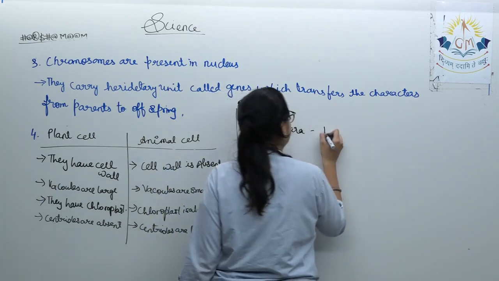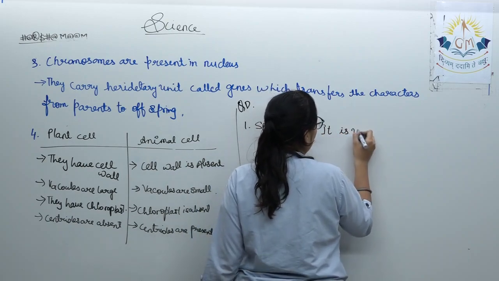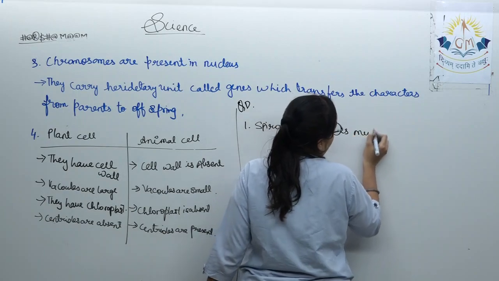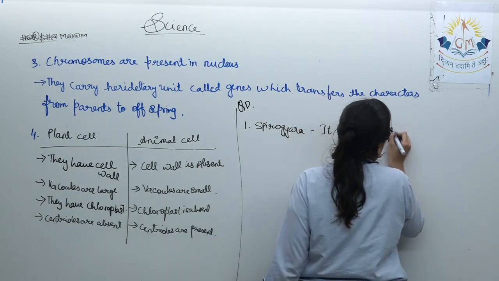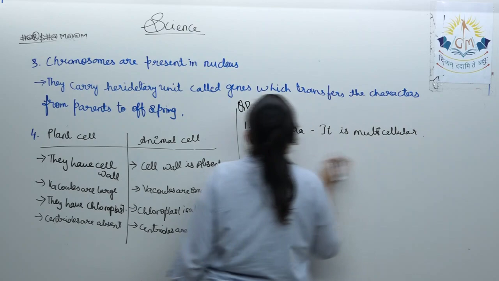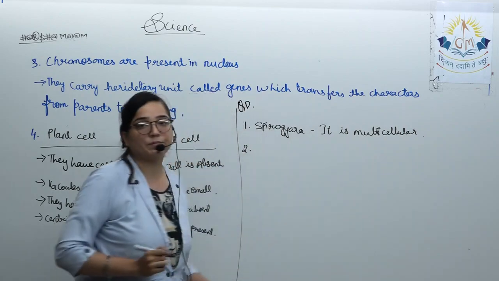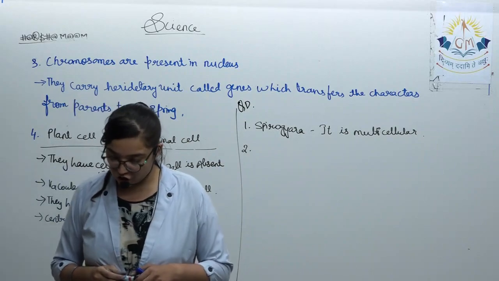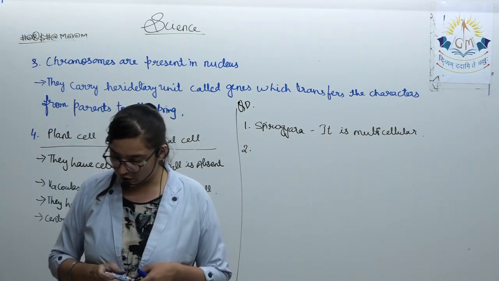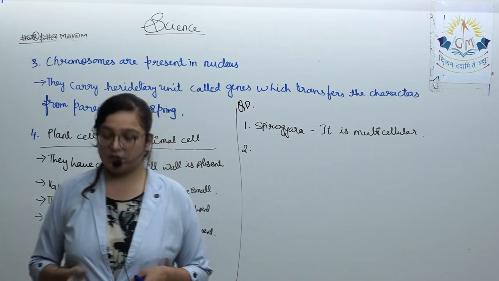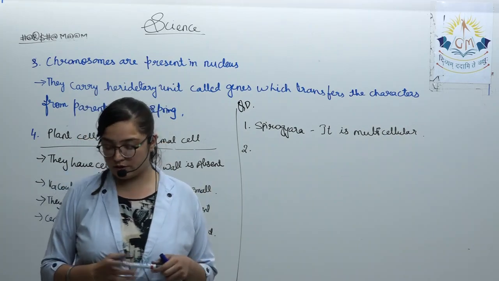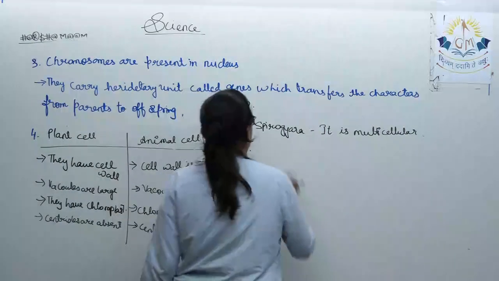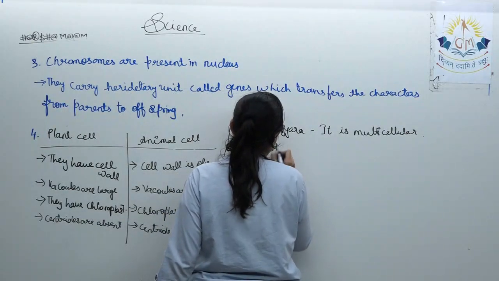Because it is multicellular. Second question. Second one is DNA, gene, cytoplasm and chromosomes. Here DNA, gene and chromosomes are related to the nucleus. Cytoplasm is not a part of the nucleus.